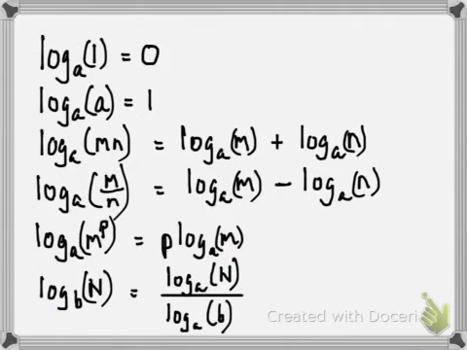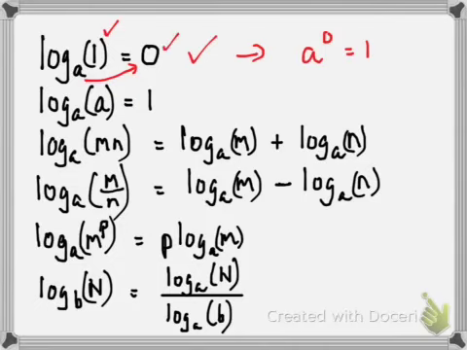All right, log laws, which I know you've seen before, so we'll just do a quick brush up of it. Log 1 to the base a equals 0. And why does that come about? Because if we convert that to index form, we know that a to the power of 0 equals 1. So if 1 is in that position in the log expression, it doesn't matter what the base is, we're going to get 0.